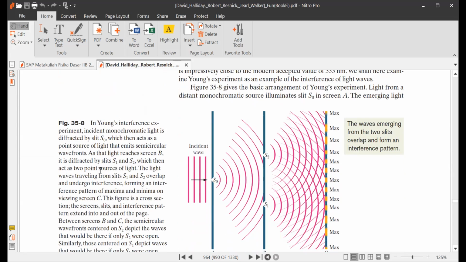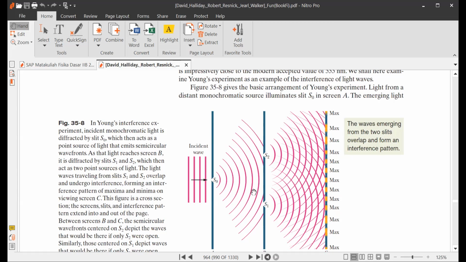In general, for example, if this is the incident wave as a planar wave and goes into, for example, this single aperture, this single slit, and then they have these two slits here, S1 and S2.